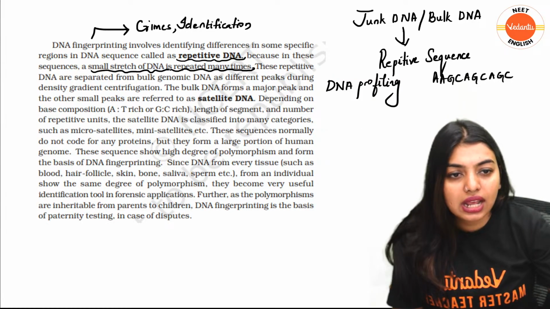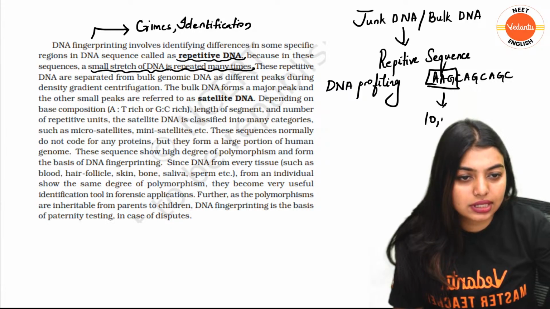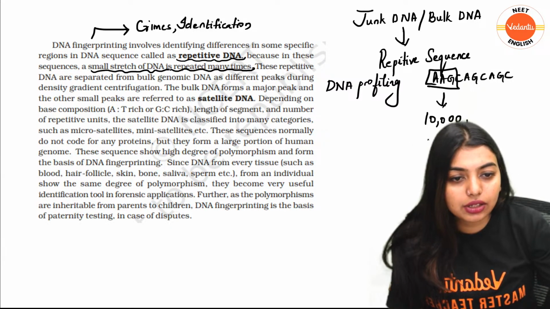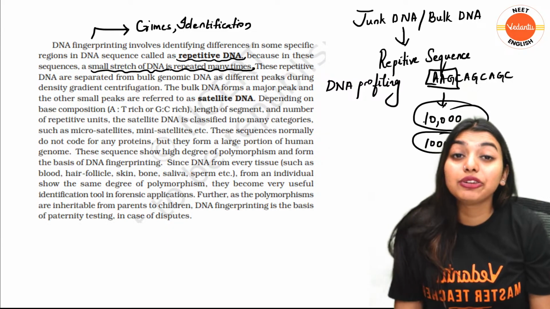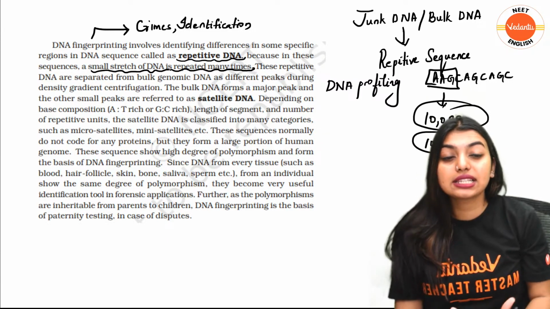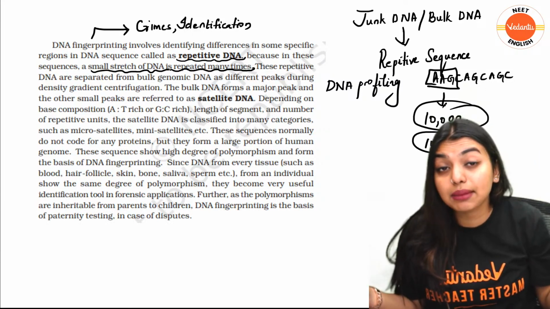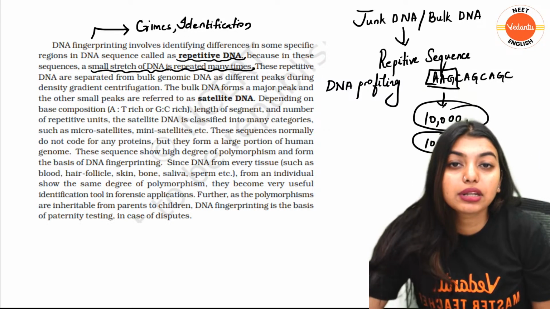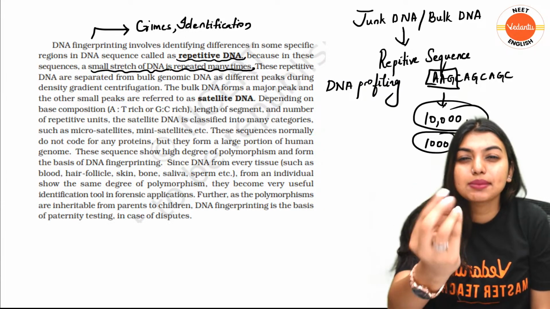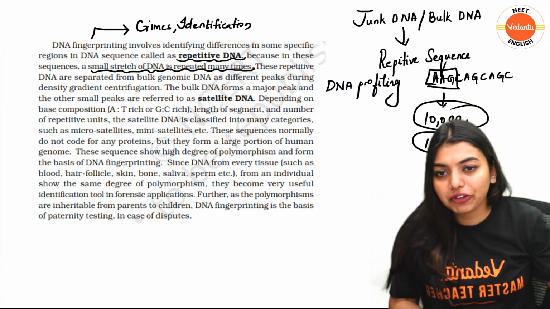Imagine this AAG is repeated for me around 10,000 times, and for Rani it is repeated 1,000 times. This will make both of us very different from each other. It is not necessary that everyone has the same sequence repeated the same number of times. If it is repeated 10,000 times for me, for another person it might be 10 times, 1,000 times, or 100 times. That is what we identify with the help of DNA fingerprinting.